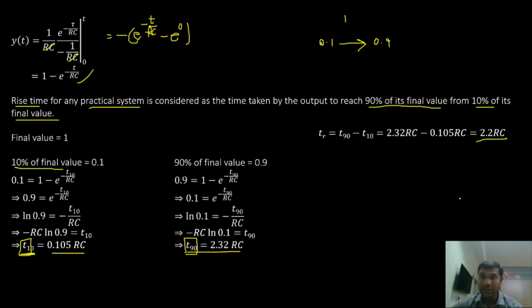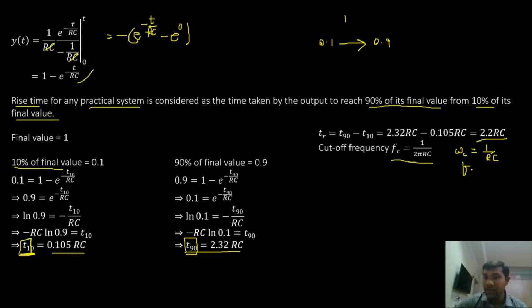This is my TR. Now the cutoff frequency for a low pass filter, so low pass RC circuit, what is the cutoff frequency? Cutoff frequency FC equals 1 by 2 pi RC, right? This is my cutoff frequency. Omega C is generally equal to 1 by RC, right?